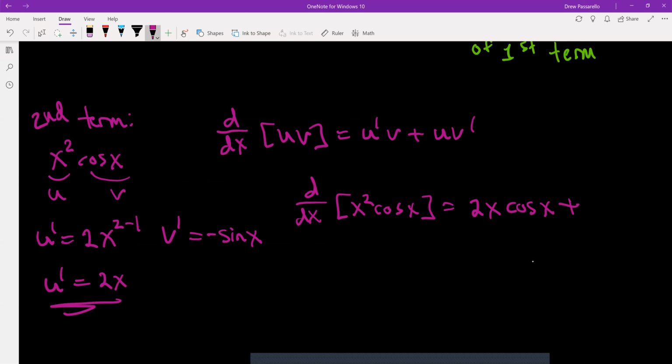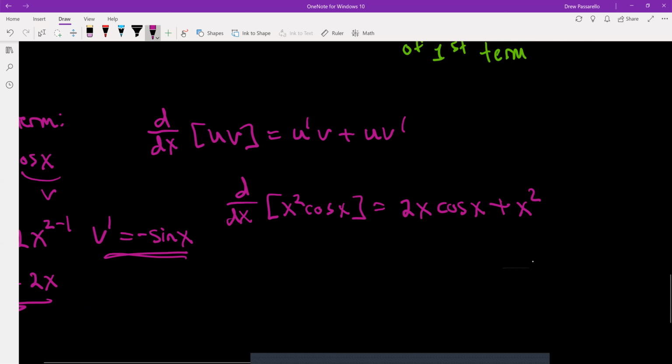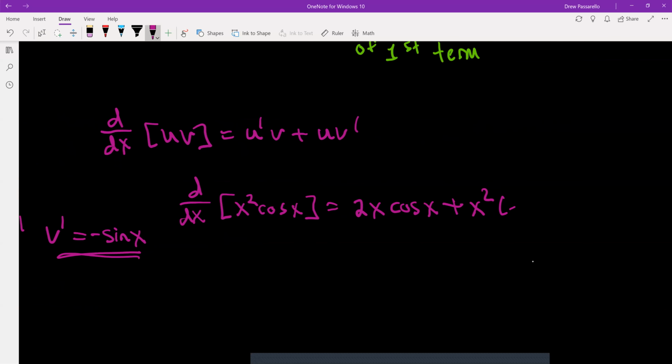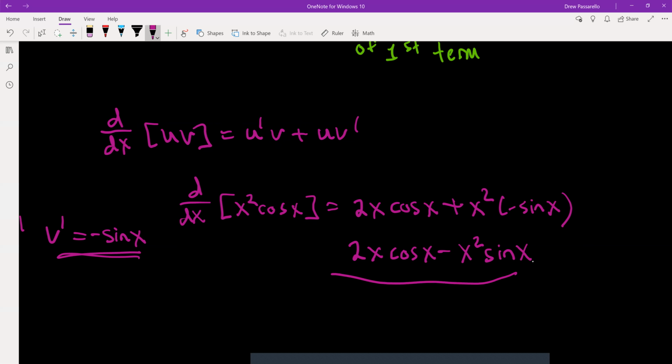Well, u is x squared, and then v prime is negative sine x. So really this is 2x cosine x minus x squared sine x. And this is the derivative of the second term.